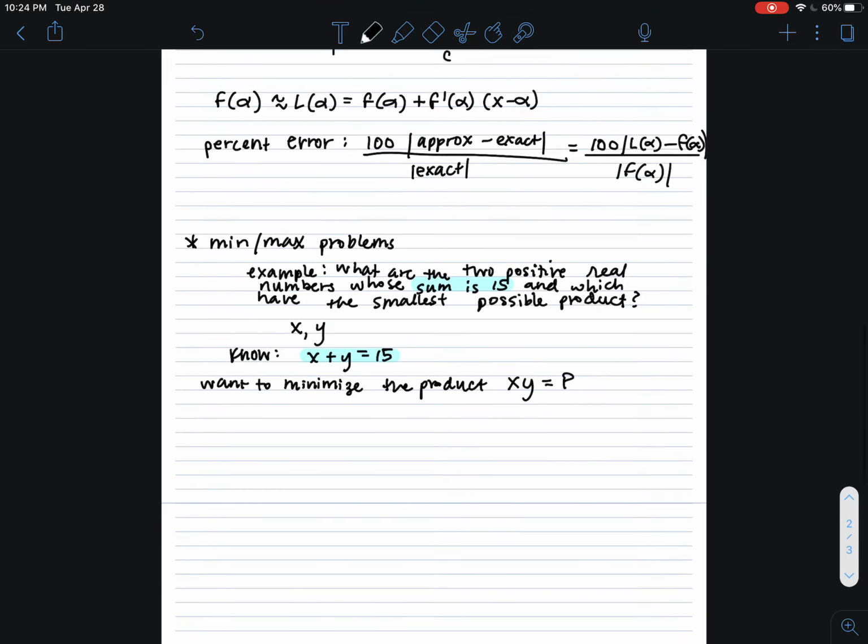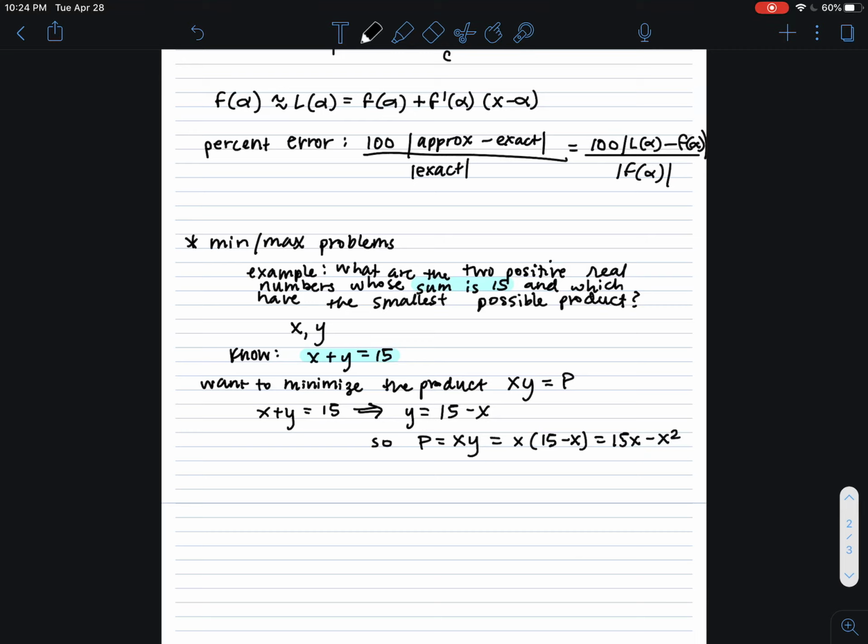So x plus y equaling 15 gives us y is equal to 15 minus x. So P, which is equal to x times y, is equal to x times 15 minus x, which can be rewritten as 15x minus x squared.